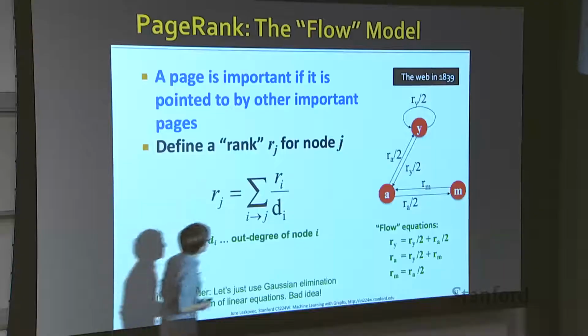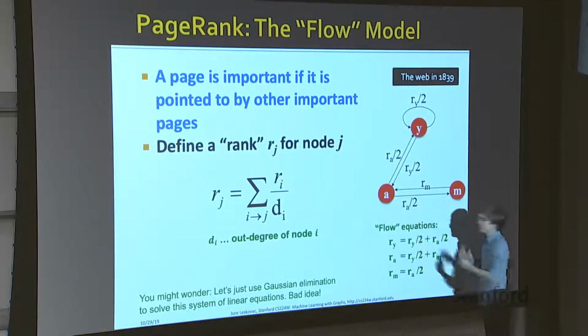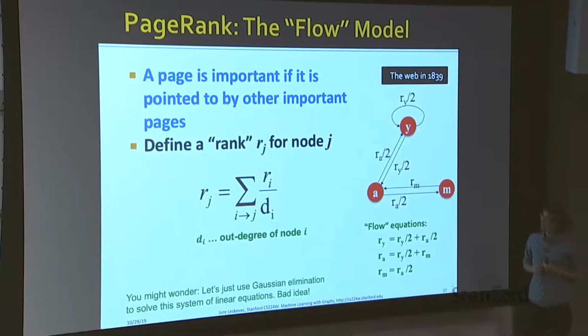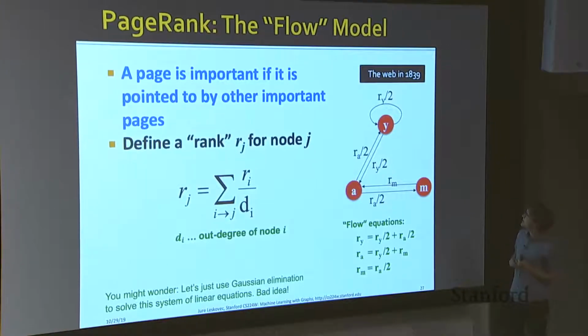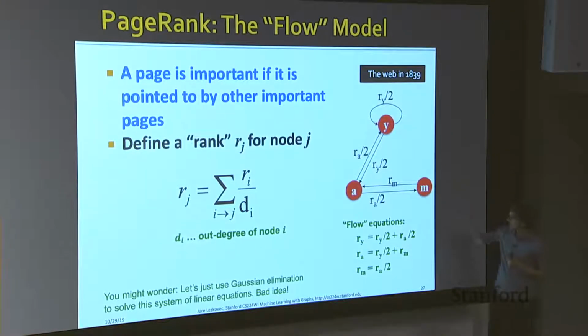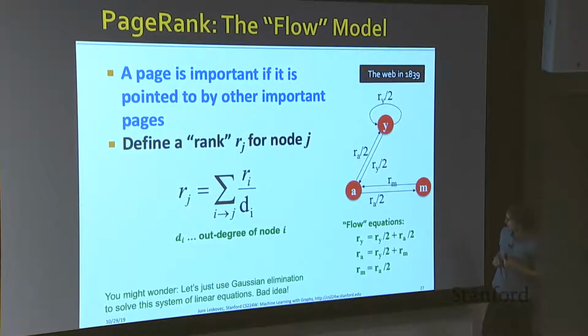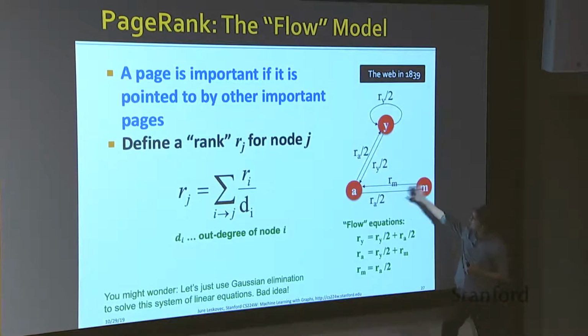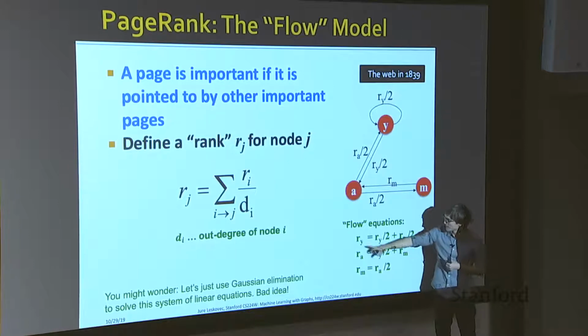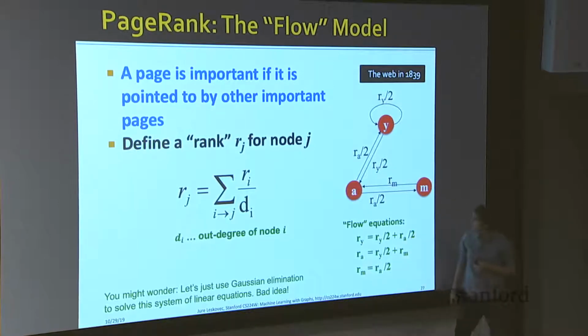To give you an example, I'll be using this running example from when the web was very young with the 3 websites. And you can guess what they mean, right? The idea here is that each of these guys has an importance: y, a, and m, right?